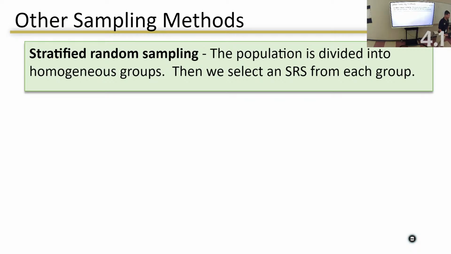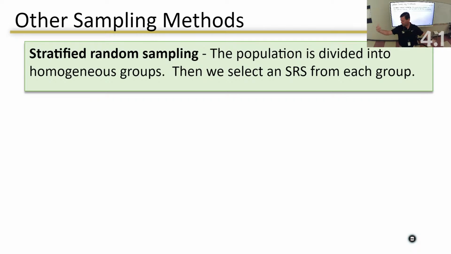Why don't we always stratify? Sometimes you don't want to. Let's just say this is a group of 28 females and 1 male. Lucky guy. I don't know if I want to stratify because now that 1 male has equal weight to all 28 females.